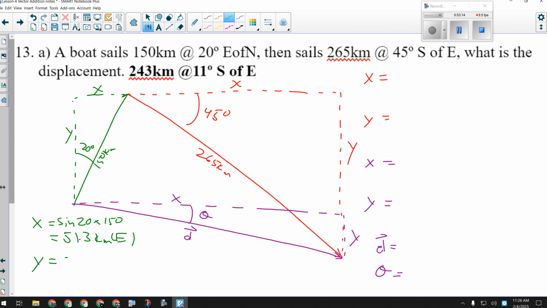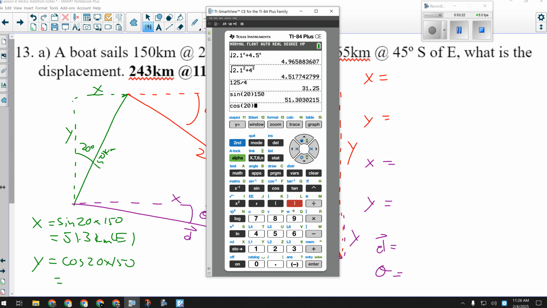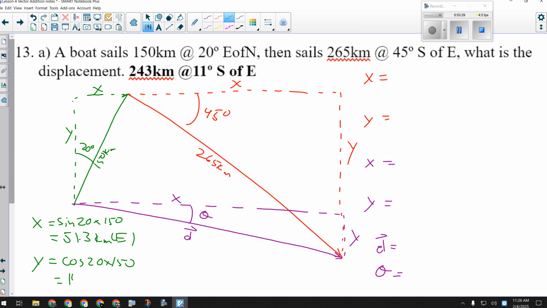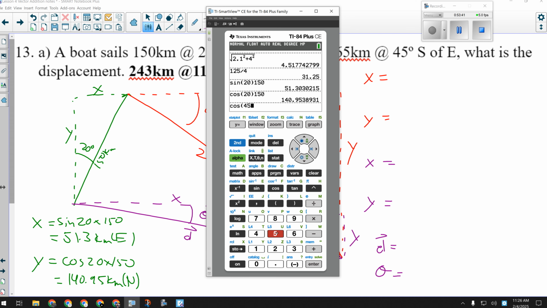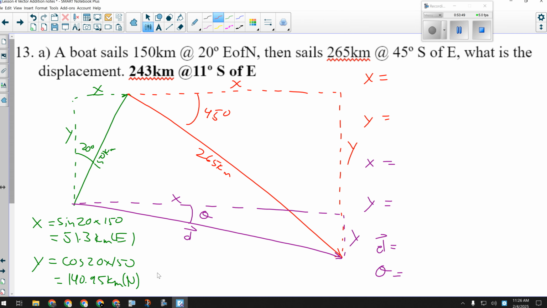Then for y, it's going to be cos of 20 times 150, so that side's 140.95 kilometers north. Then for red x, it's the adjacent side to the 45-degree angle, so we'll go cos of 45 times 265, and that'll be 187.38.